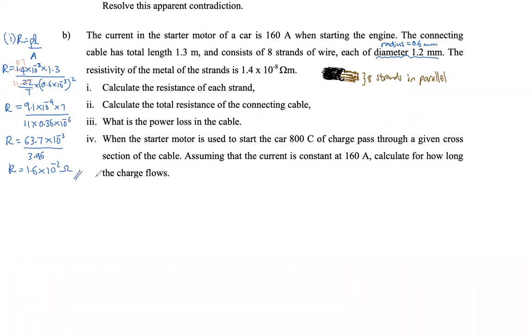Calculate the total resistance of the connecting cord. 8 strands are in parallel. So the equivalent resistance is going to be 1.6 into 10 to the power minus 2 divided by 8. 8 equal resistances in parallel means you divide by 8.